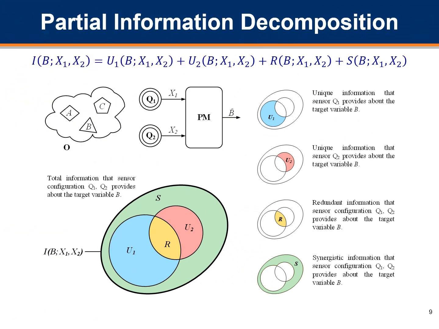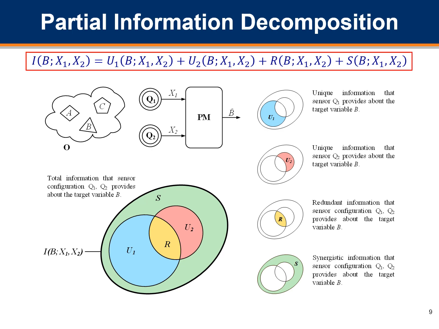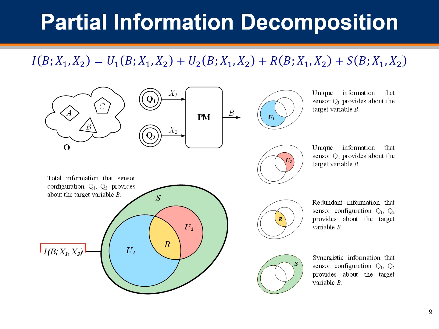Once the basic definitions have been introduced, the equation representing the main idea in the PID can also be written. For a system with three variables, the total amount of information provided by the sources x1 and x2 about the target variable b is equal to the sum of the following four non-negative terms, where I is the mutual information between the set x1, x2 and b.